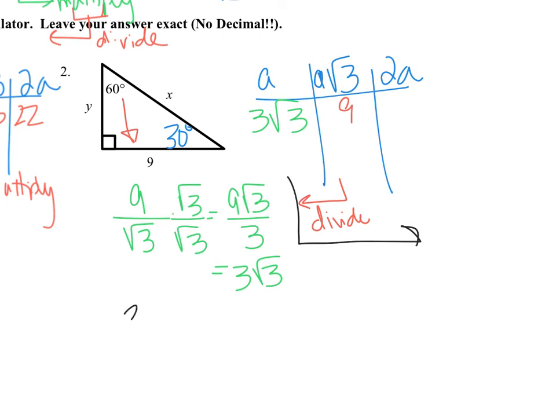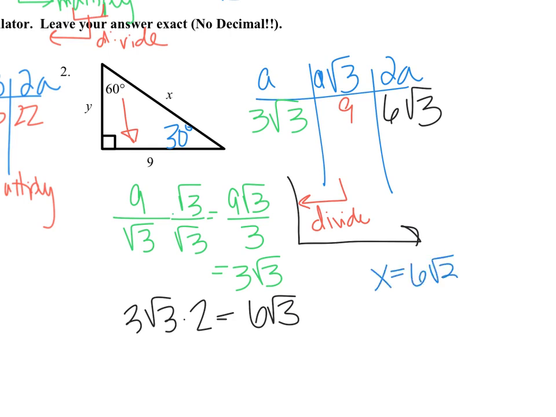So 3 root 3 times 2. Remember that you multiply outsides together and insides together. So since that 2 is on the outside, it doesn't have a radical, then the answer is just 6 root 3. So x equals 6 root 3 and y equals 3 root 3.